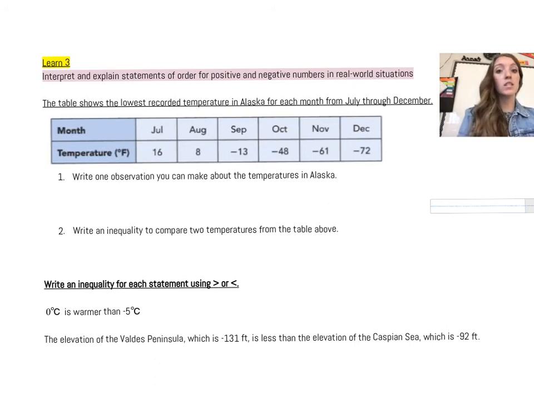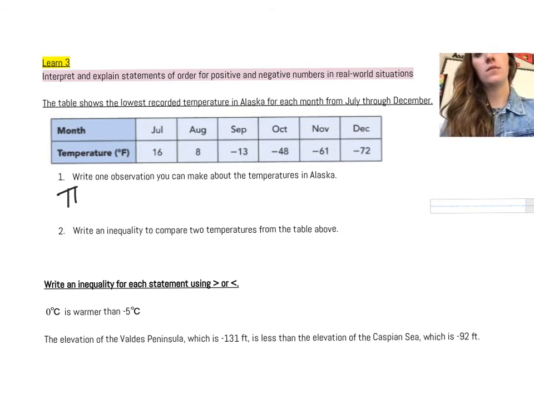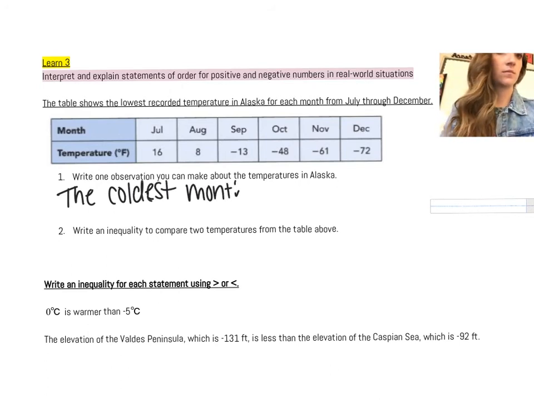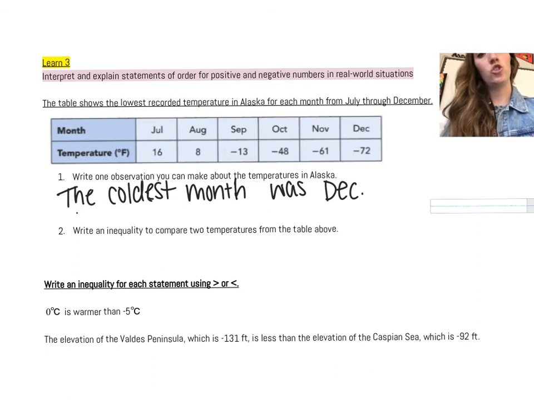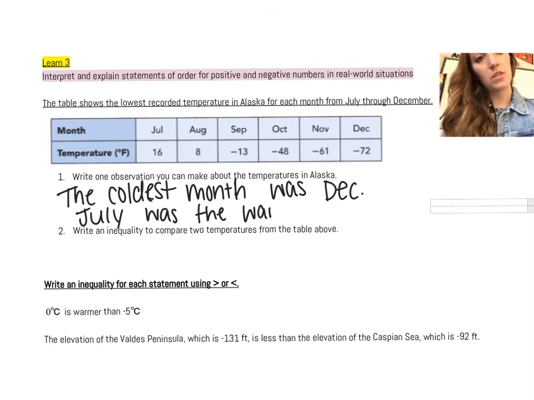But maybe we would say something like the coldest month was December. Or July was the warmest month.